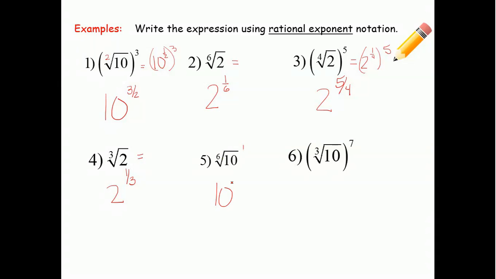So it's going to be 10 to the 1/6. So the index is on the bottom of the fraction. That's the denominator of your fraction. And then this one, I'm not even going to convert the inside first. I'm just going to go for it. So 10, index is the denominator. That is the numerator. So that would be 10 to the 7/3.